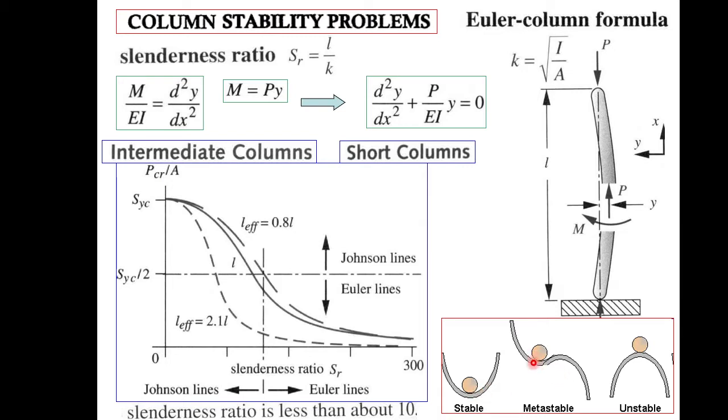If it changes its position, but never comes back to the original position, and there is no failure either, it takes up the new position, then we say it is a neutral equilibrium. This is a neutral equilibrium in the small, and in the large, if that displacement is quite large, it will again become unstable. So this part is metastable also, and this is purely unstable.